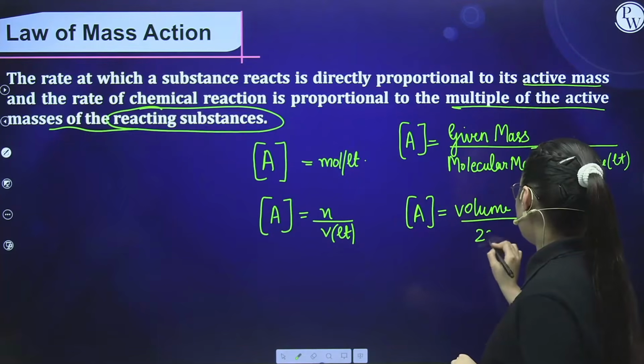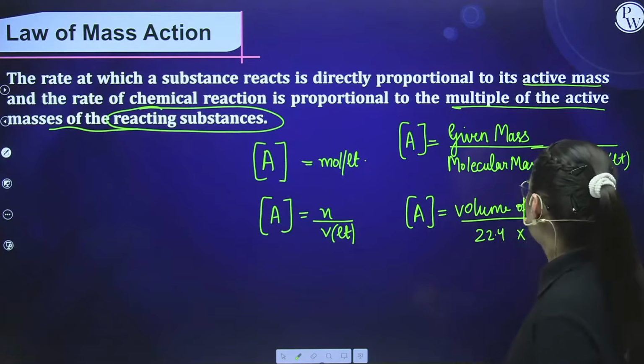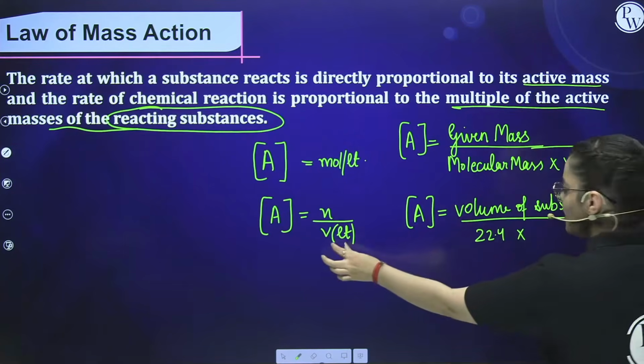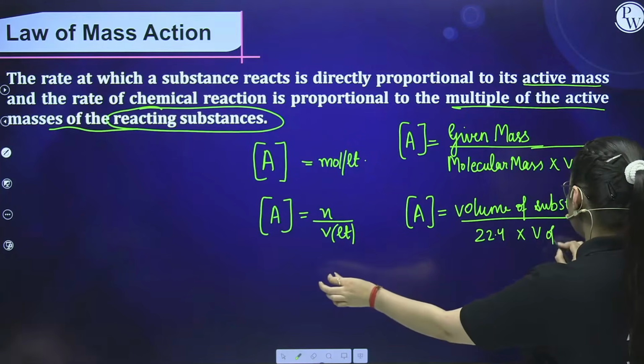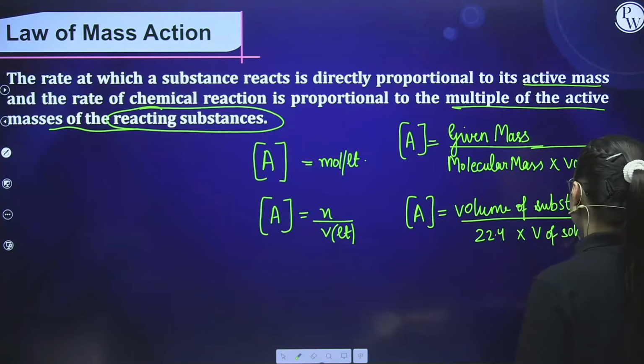We still divide by the volume of the container or solution in liters. Is it clear? It was simple.